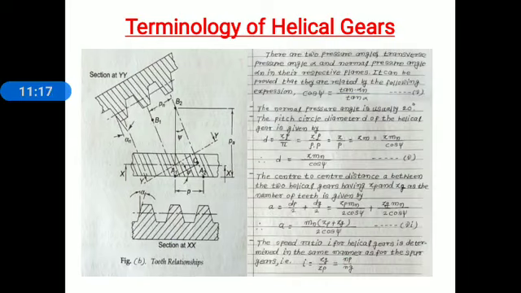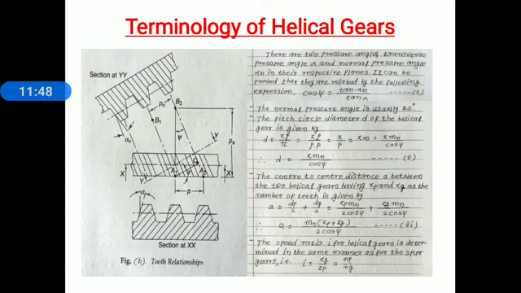Next, again observe the sketch. Observe section XX and section YY. In this section there are two angles, alpha and alpha suffix n. Alpha is the transverse pressure angle and alpha suffix n is the normal pressure angle, and the value of this normal pressure angle, alpha suffix n, is always 20 degrees.